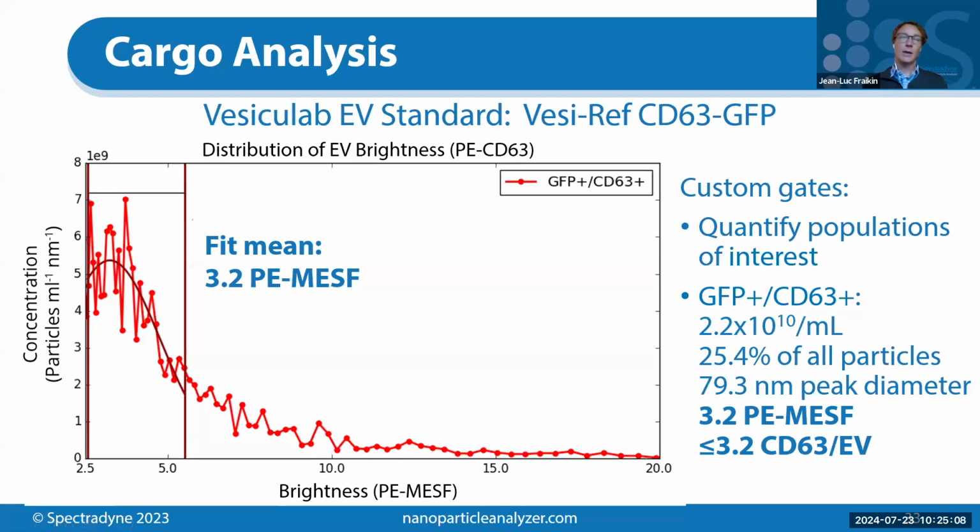And because we know that roughly one antibody has one fluorochrome on it, we can estimate that to be about 3 antibodies per EV. So we can start getting quantitative about the number of epitopes of CD63 that are on the particles in this sample and ask questions like that. This is a very powerful measurement because the units are quantitative. We can say in this example that there are about 3 CD63 molecules on the surface of each EV in this subpopulation of the sample.